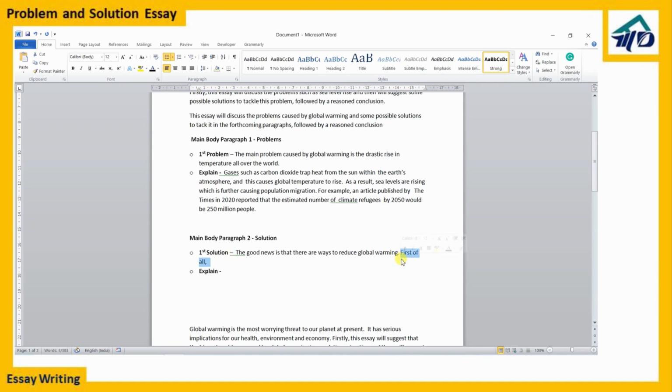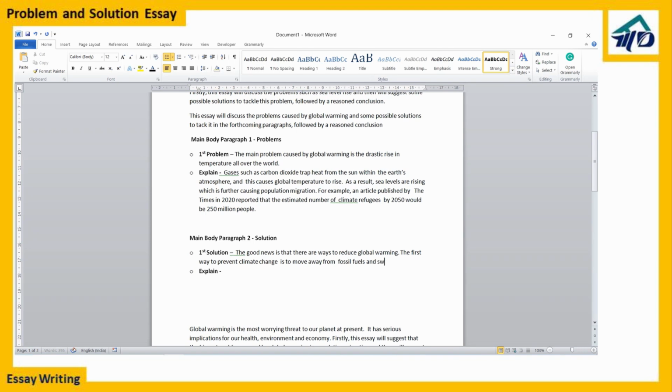This is also common, so I can say the first way is to reduce, or the first way to prevent climate change is to move away from fossil fuels. Okay, this is my first statement.